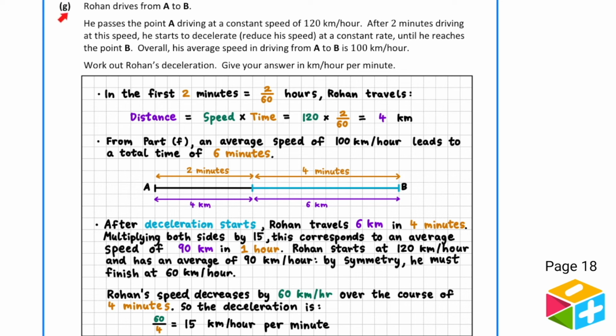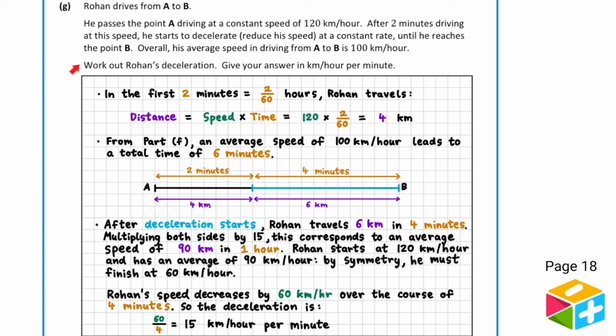In part G, we're told that Rowan drives from point A to point B. He travels at a constant speed of 120 kilometers per hour for the first 2 minutes. Then he starts to decelerate. And we're told that his average speed in driving from point A to point B is 100 kilometers per hour.